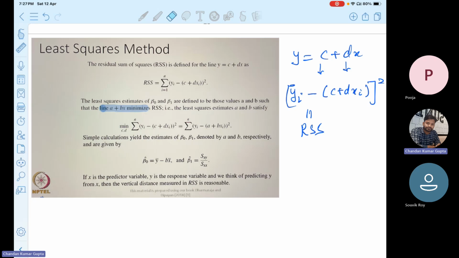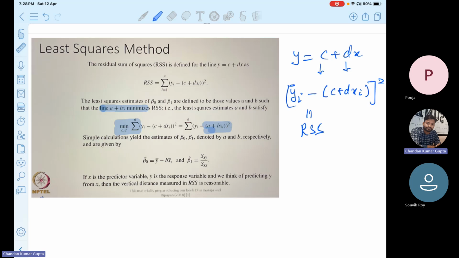So the least squares estimates: here we can also see the minimum over c and d.